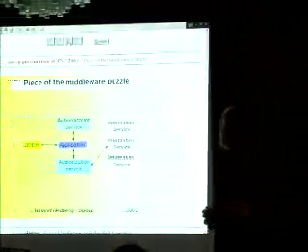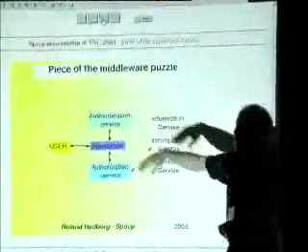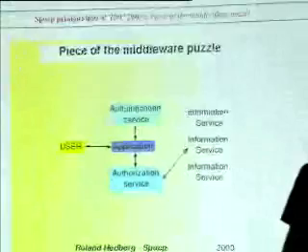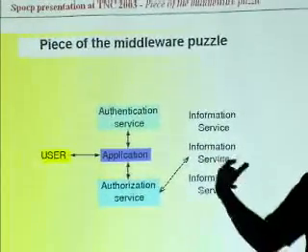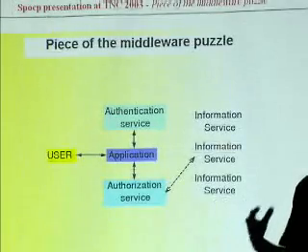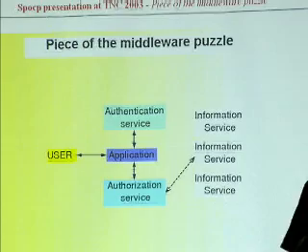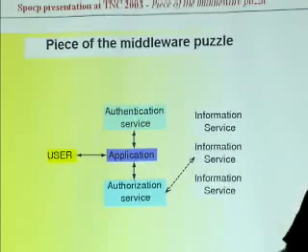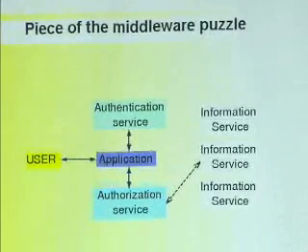Piece of the middleware puzzle. Well, this is the Shibboleth path. You have the authentication service, which might be Shibboleth. And SPOCP comes in when you have provided the resource system with the attributes, for instance. I mean, where the SHAR has given the attributes to the resource, and then it's time for talking to SPOCP.